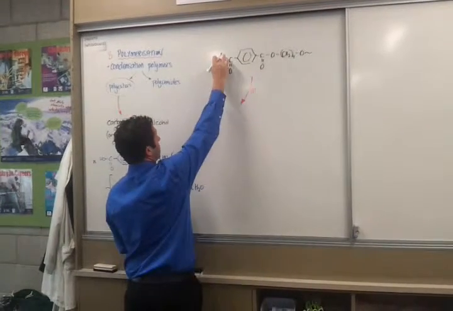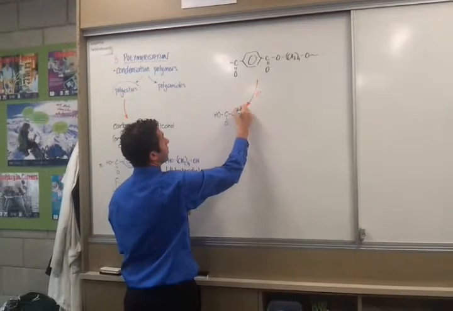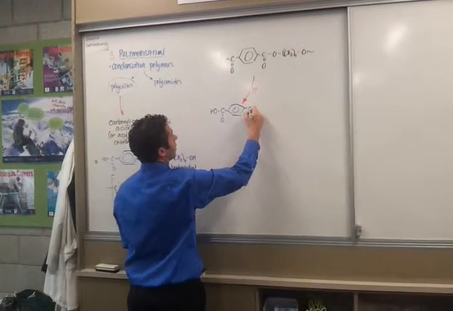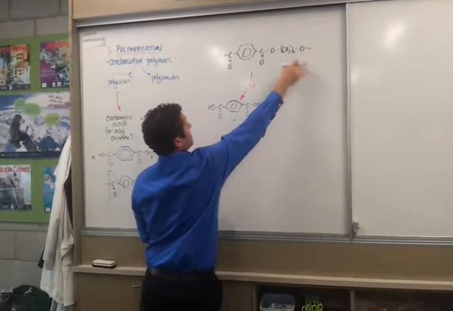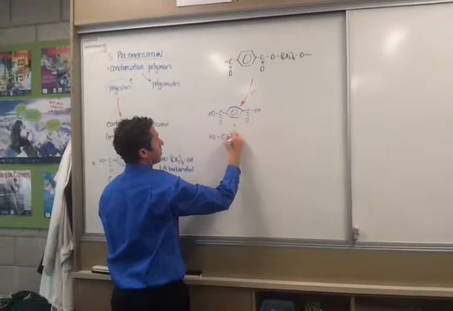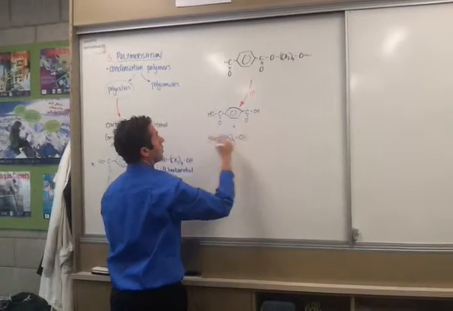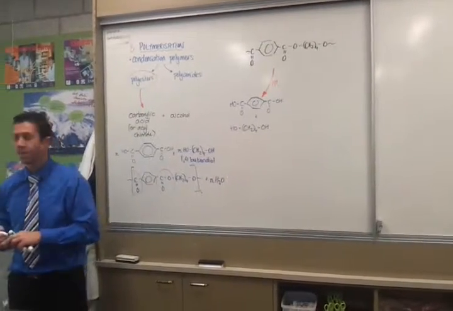So you put your OH on there from water, as it were. And you put your H from the H plus on either side of that. Okay, and again it's lots and lots of them, but I'm not going to worry about the details there.